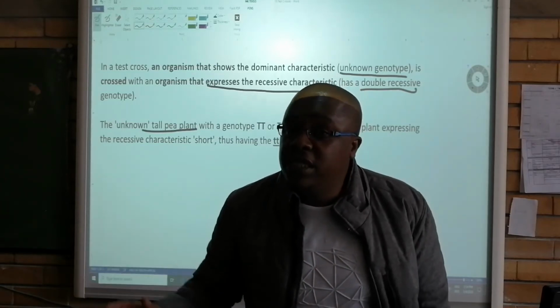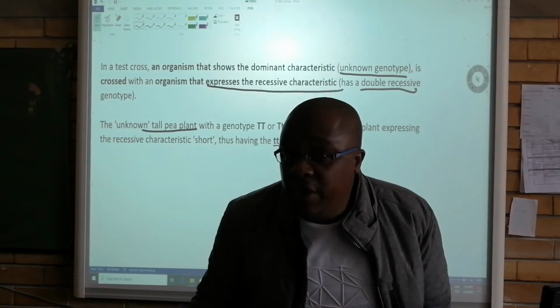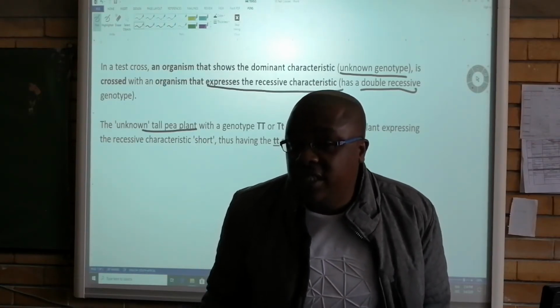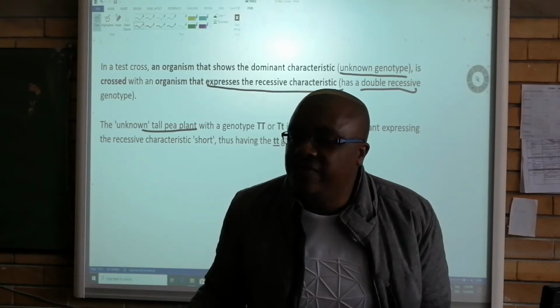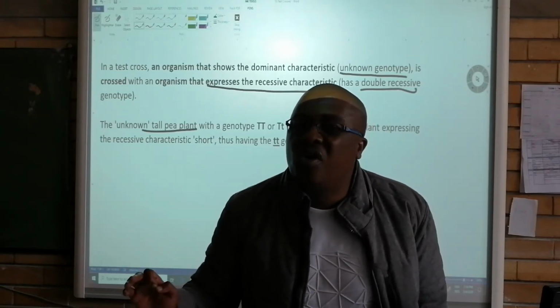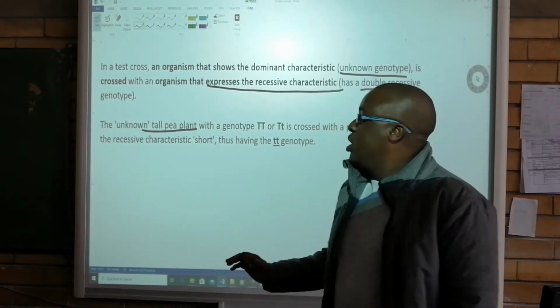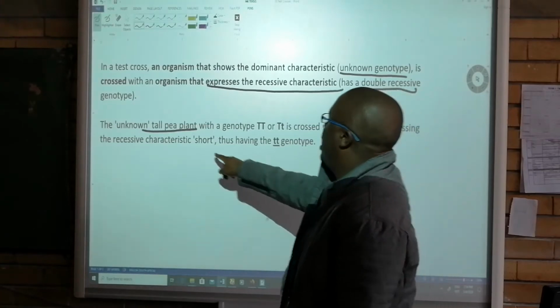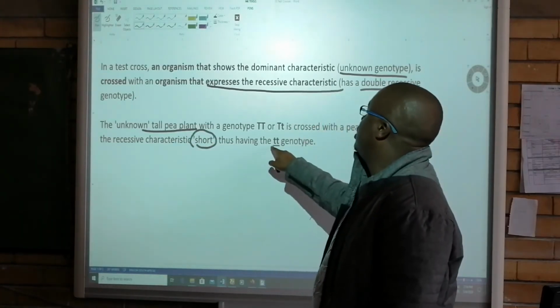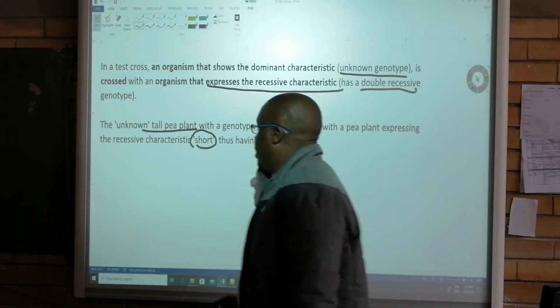Because a short pea plant is exhibiting in its phenotype what? The recessive characteristic. Why is it able to exhibit the recessive characteristic even though it is the recessive trait? Because it is found in its genotype to be homozygous recessive. So we know that if we take a short pea plant, we already know what? The genotype. Homozygous recessive.